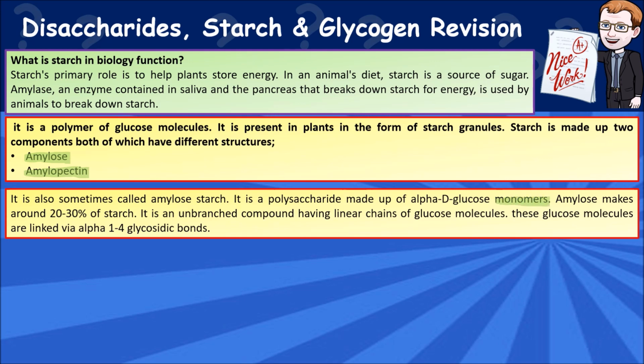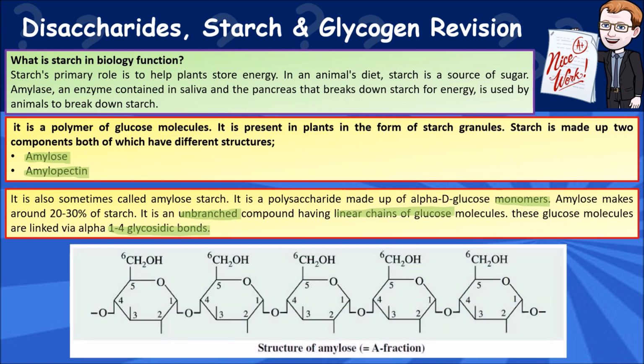Amylose makes up around 20 to 30% of starch. It's unbranched, and that unbranched part is quite important. It forms a linear chain of glucose molecules. These glucose molecules are linked by a 1,4 glycosidic bond. And we can see there is where the glycosidic bond is forming.